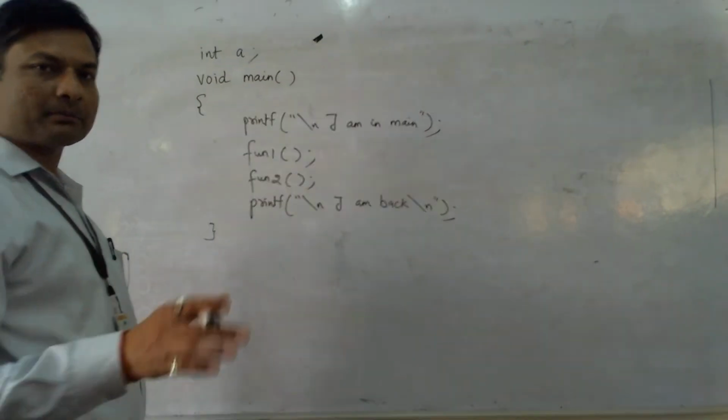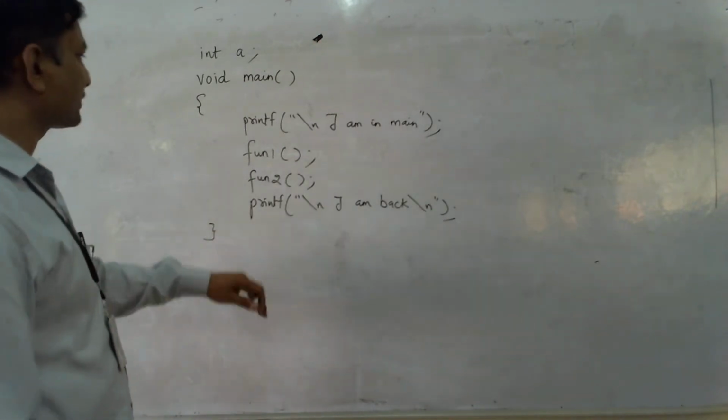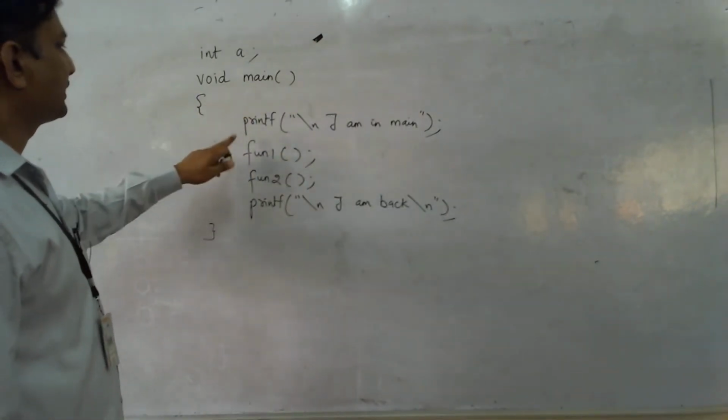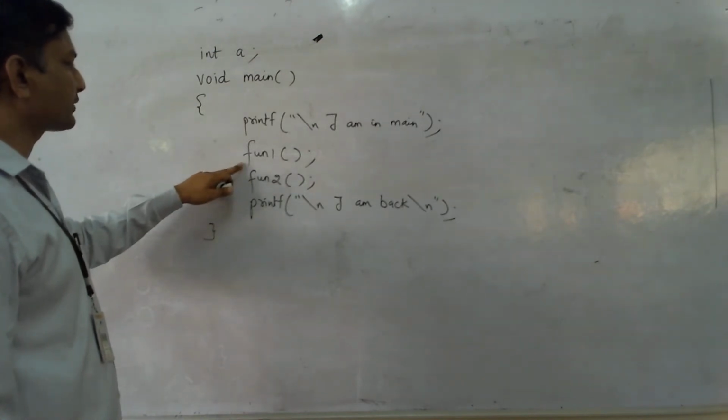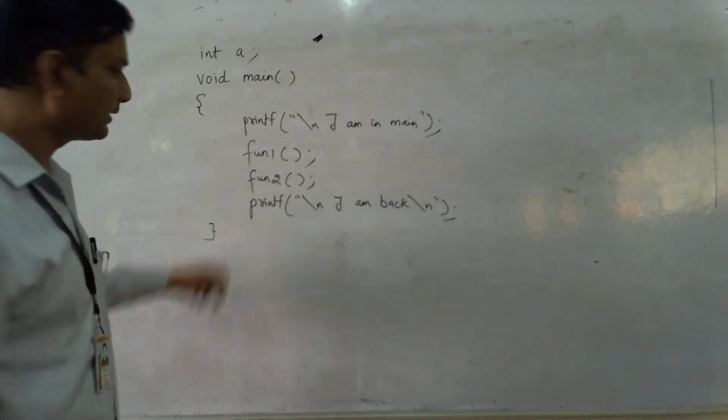So in this program I will use three functions. The name of the first function is main, and the two user defined functions, the name of the first will be fun1 and the second function will be fun2.